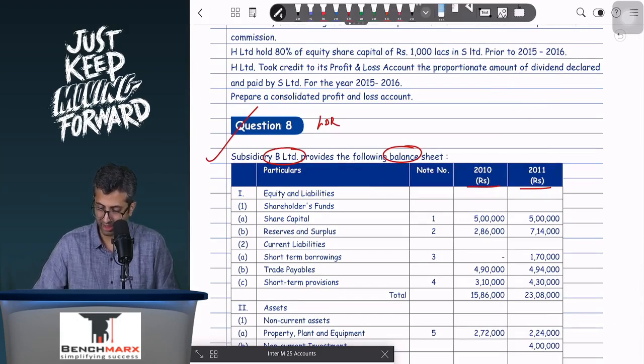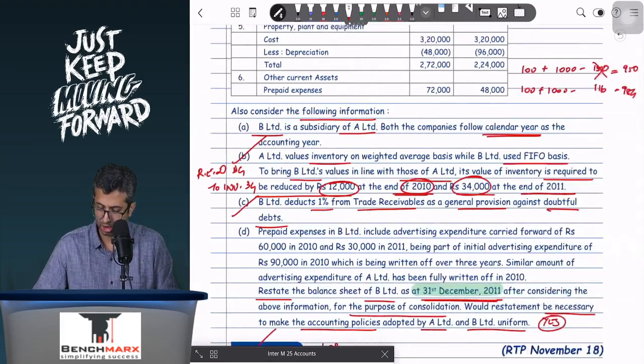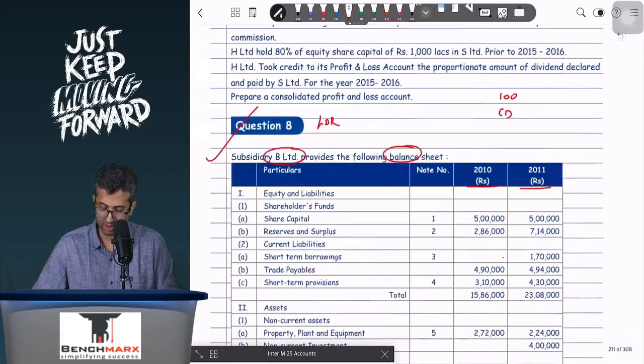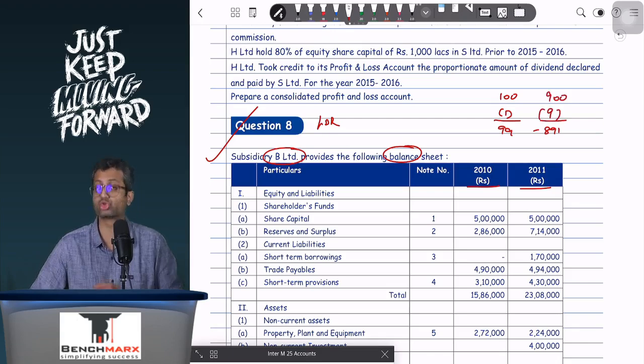If at the start 100 was your total debtors, 1% is a provision for bad debt, and hence you are left with 99. If 99 is equivalent to 891, then 891 divided by 99 into 1 comes to 9, and this comes to 900. So debtors should move up to 900.